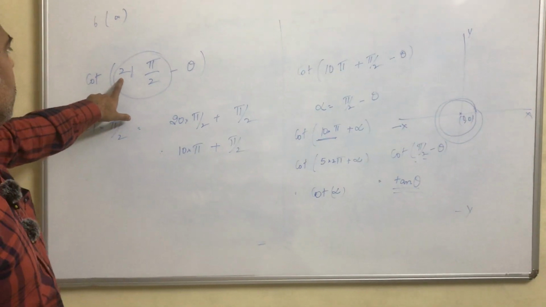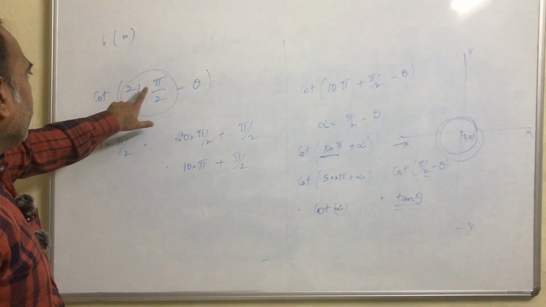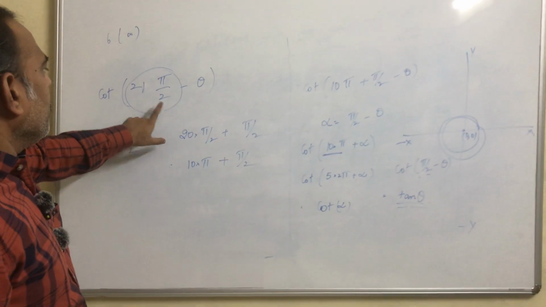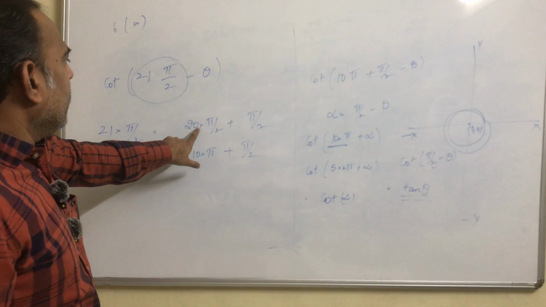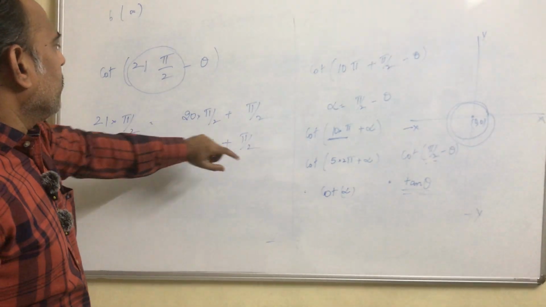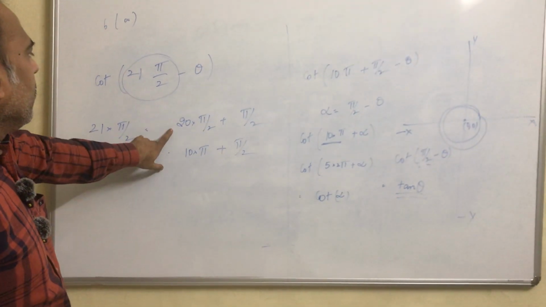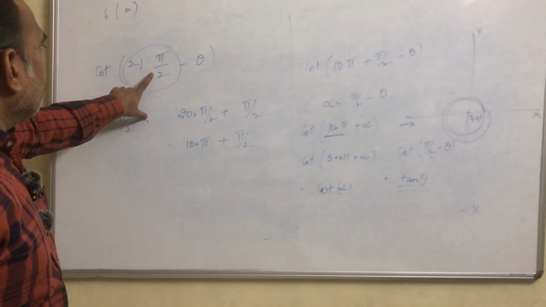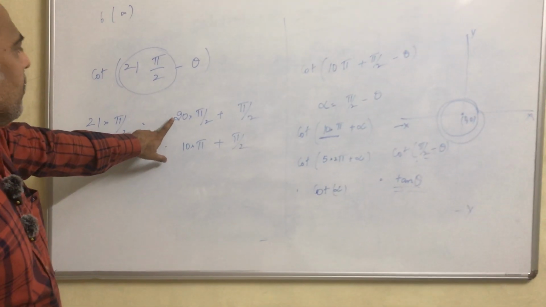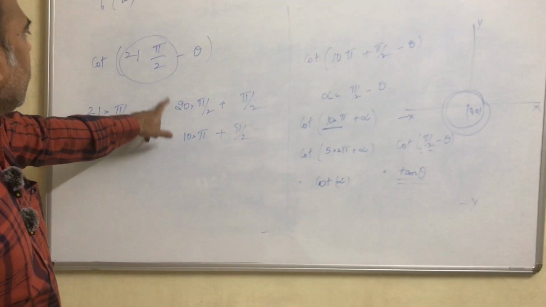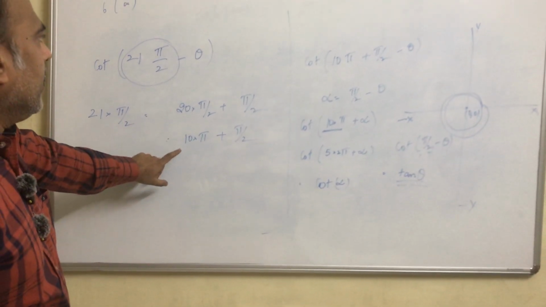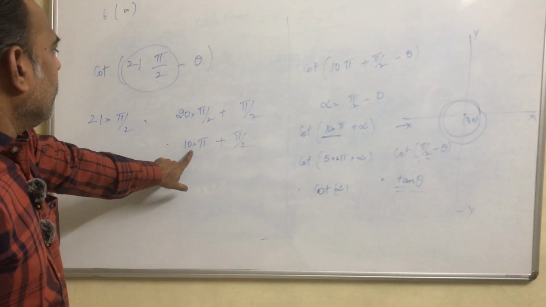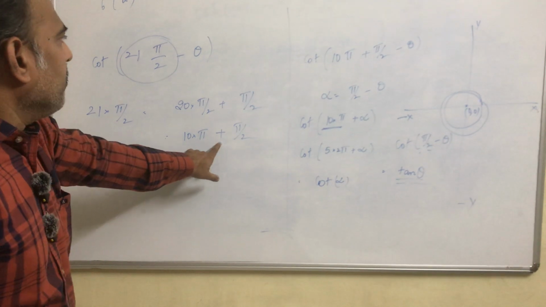So the first thing is we should convert 21 into pi by 2 into 20 into pi by 2 plus pi by 2. We can write 21 into pi by 2 like this, right? If we write this, its value is not changed. So 10 pi plus pi by 2.